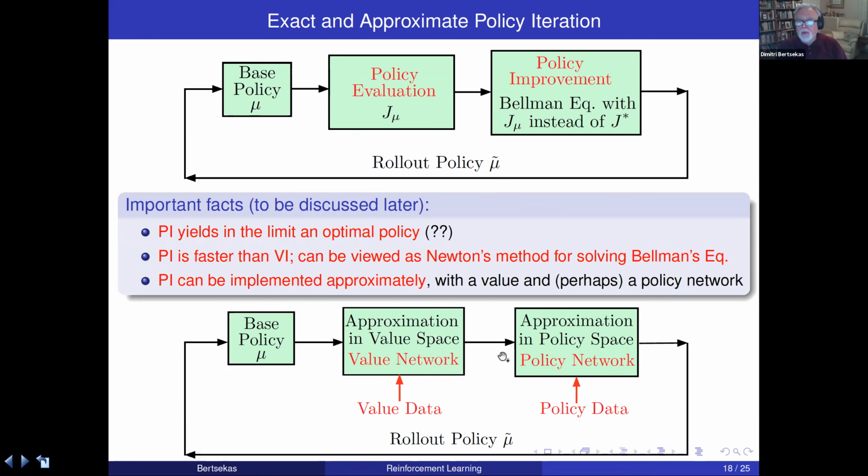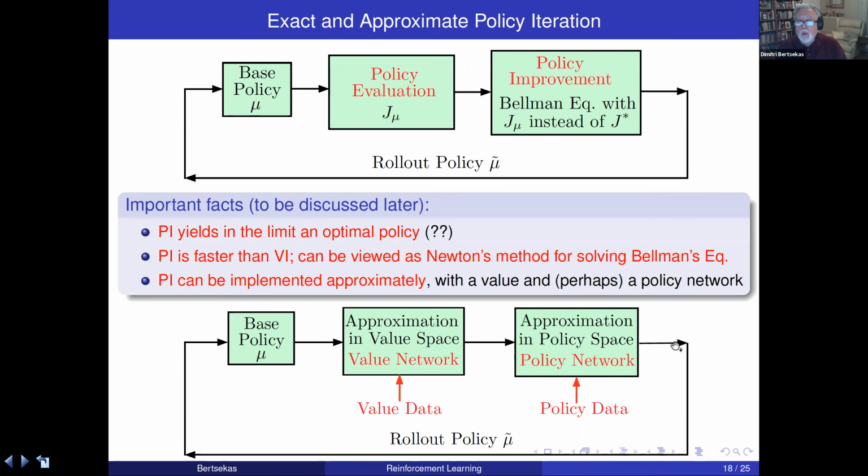Moreover, it's also possible to implement this policy improvement by using a policy network, that gives you the result of the minimization at each state, and represent the results of this minimization by a network, perhaps a neural network.